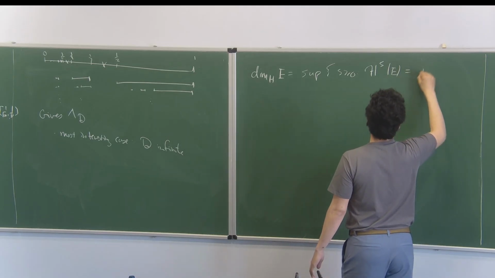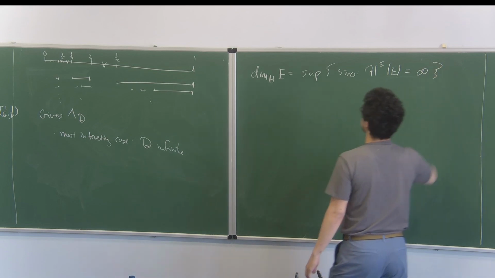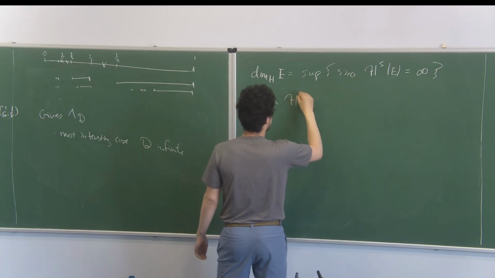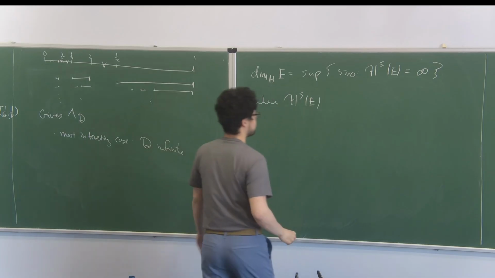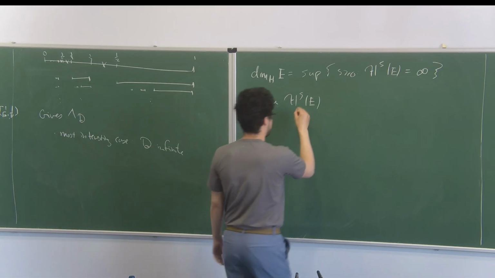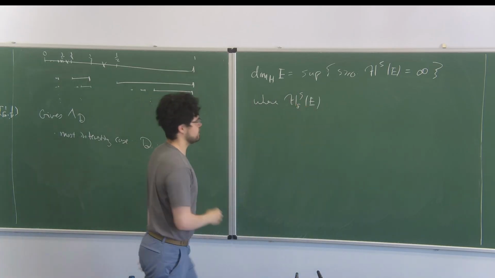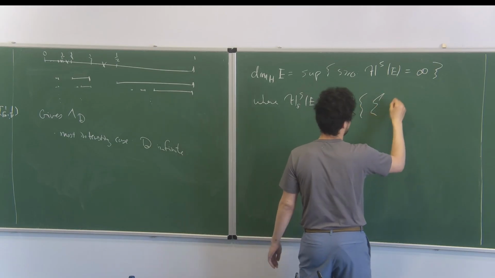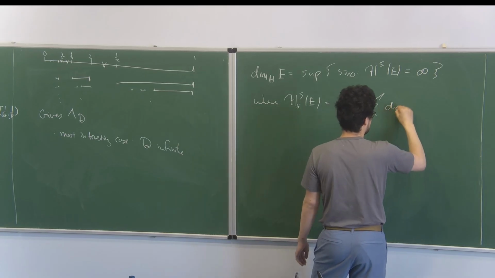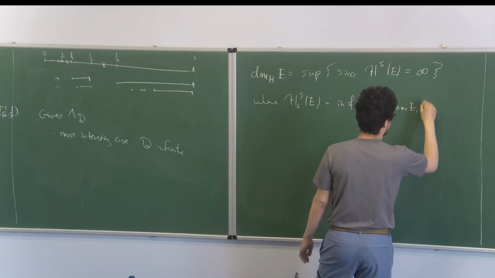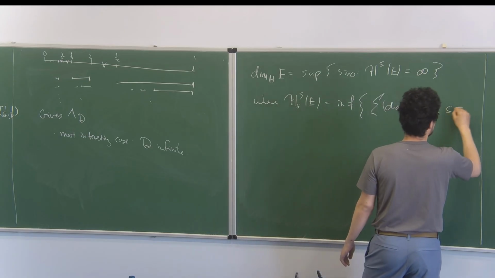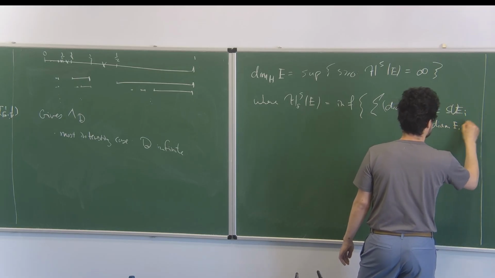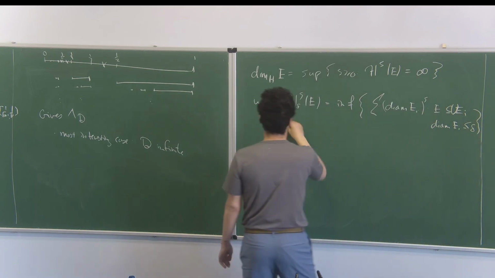It can be defined using covers. Maybe I should start with the Hausdorff s delta measure of E. That's equal to the infimum over sums of the following form. Let me write it down and then I will explain. The sum of the diameters of E sub i raised to the power s, where E is contained in the union of the E sub i. And then the s-measure of E.